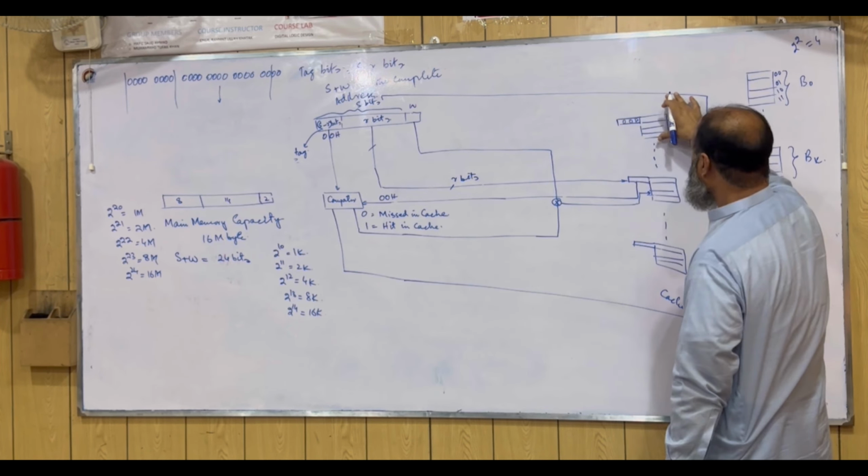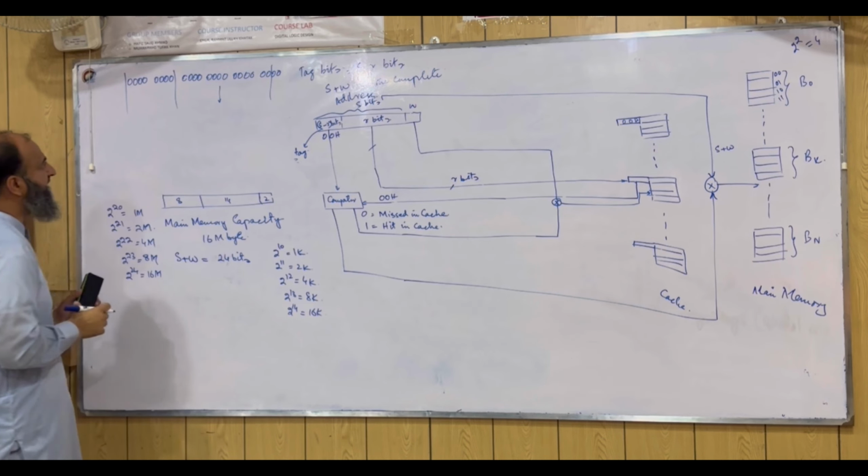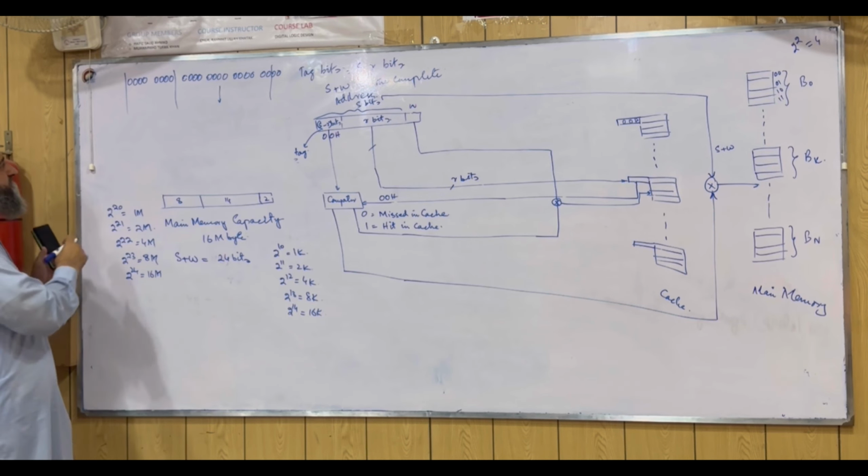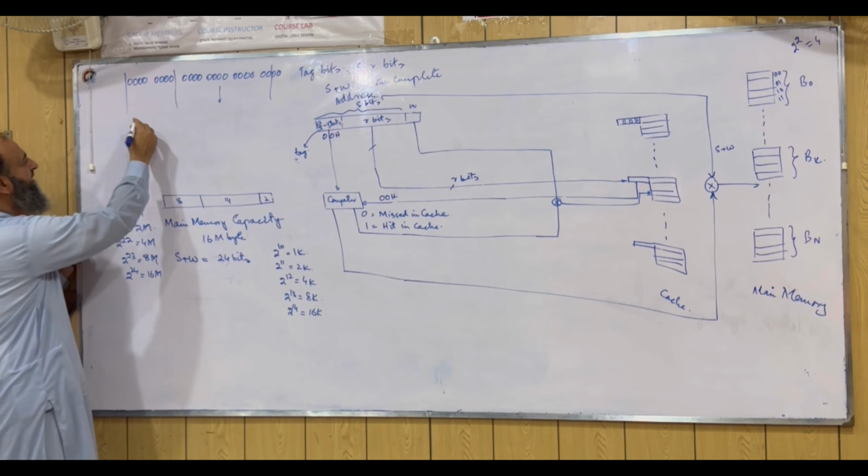For instance, अगर हम कहें कि can you have a different logic here? मिसाल के तौर पे अगर मैं कहता हूँ कि we have 0 0 0 0 0 0 0 0.